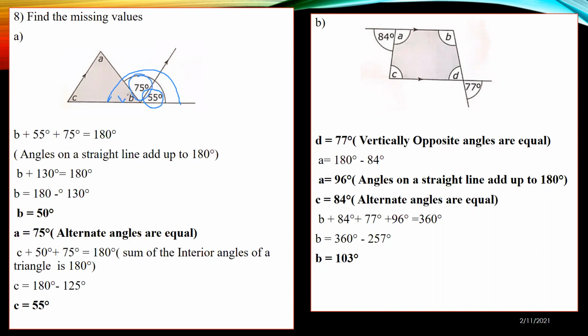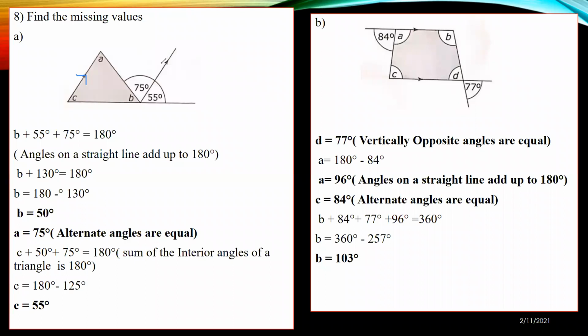Therefore, easily I can find the value of B. First, you add these two, then take away from 180, then you will get B as 50 degrees. Then it's clear. You can see these two, I will show it. These two are parallel.